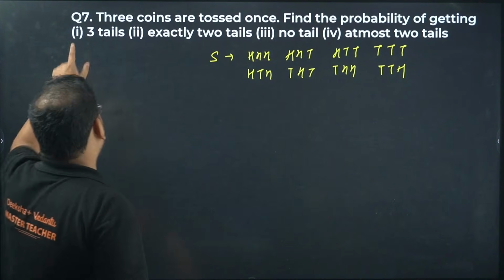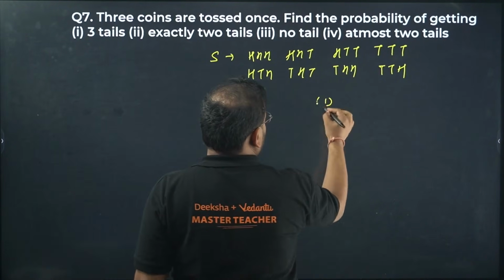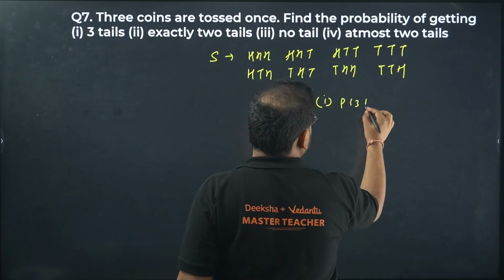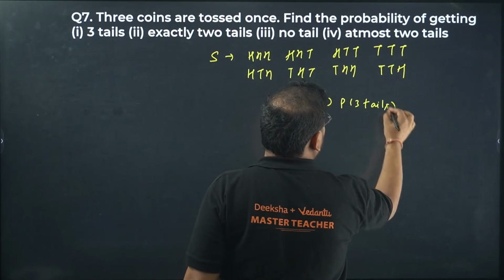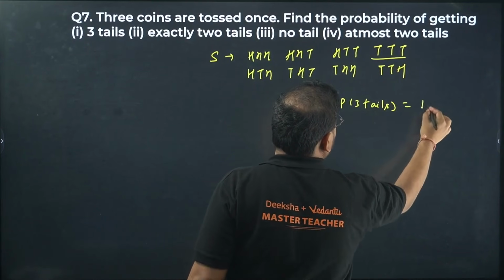Okay, first one, 3 tails. What are you getting? 3 tails. Only one, TTT. So 1 out of 8.